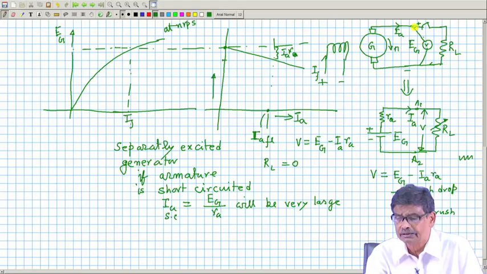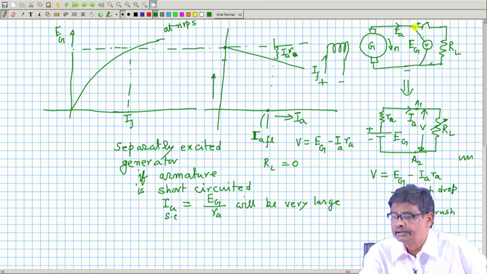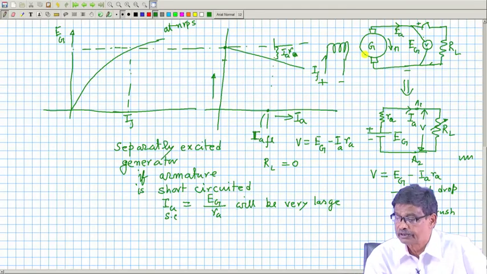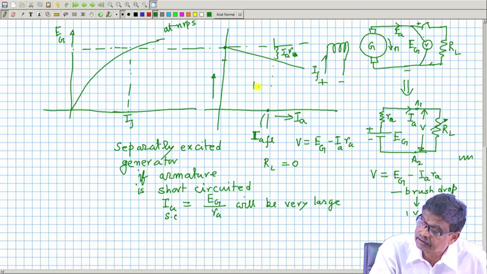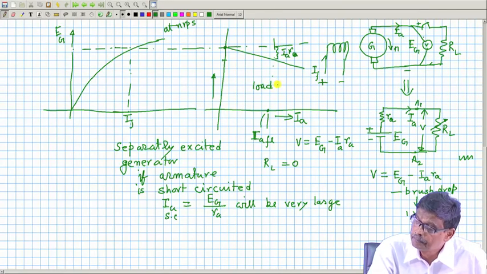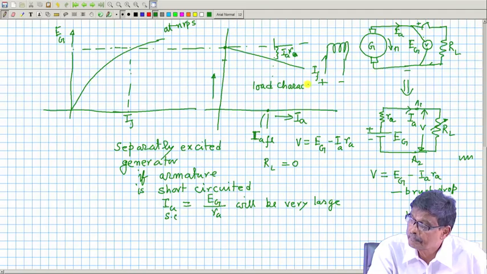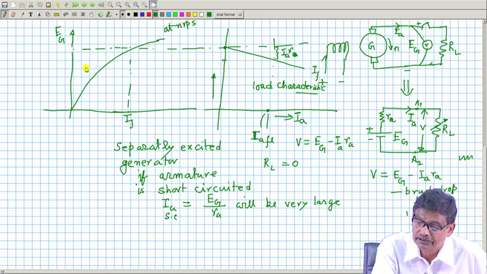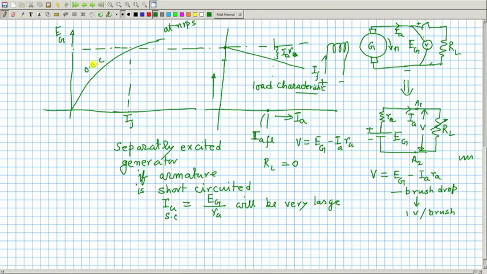For whatever reason, you have to always adjust the prime mover to maintain the speed constant to get these characteristics. So, this is called the load characteristic, and this is the open circuit characteristic.